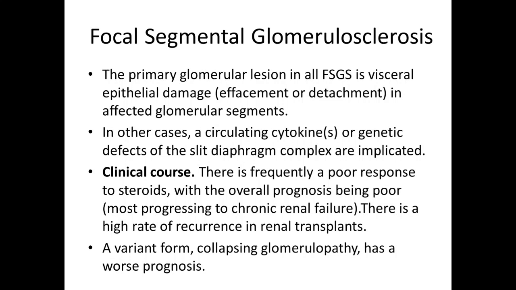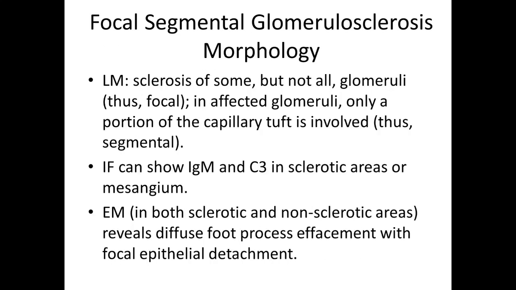Clinically, I said that we have a poor response to steroids, and there is a high rate of recurrence in renal transplants. A variant form, collapsing glomerulopathy, has a worse prognosis.